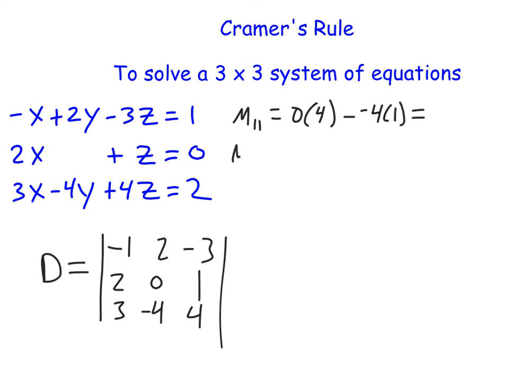Here's my first, from taking out row 1, column 1. There's my second, that would be 2 times 4 minus 3 times 1. I'll put the answers with them here in a minute. Right now I'm just kind of in a zone here, finding these minors. Just eating them up.